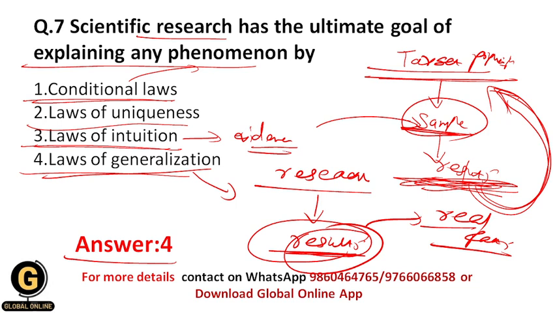And laws of uniqueness means that the things or materials have unique properties, but this kind of law is not applicable in research methodology. Conditional laws, laws of intuition, and laws of generalization are the 3 laws which are applicable in the research methodology section. Okay, that's why here the correct answer is 4.